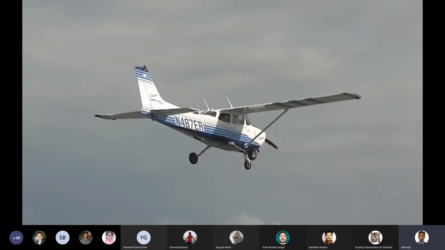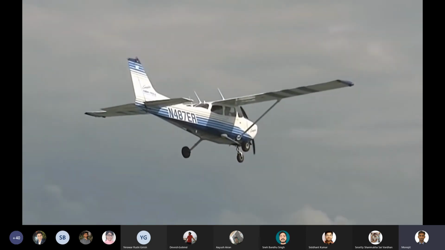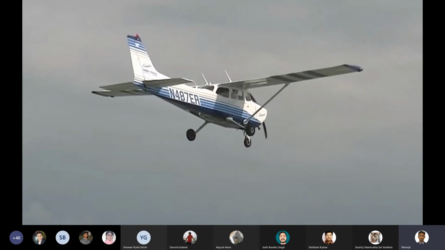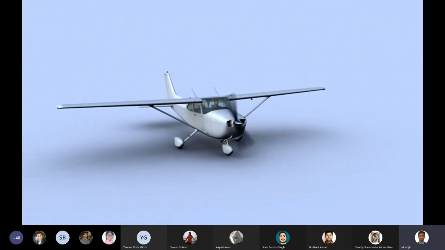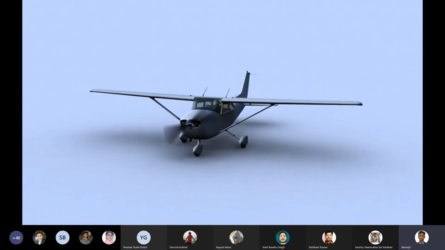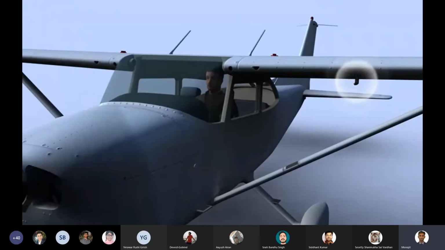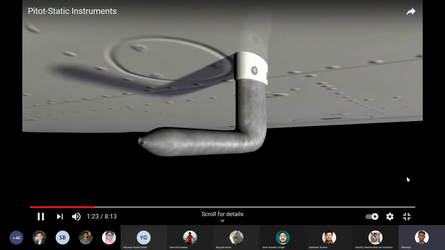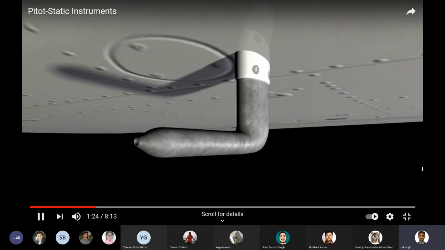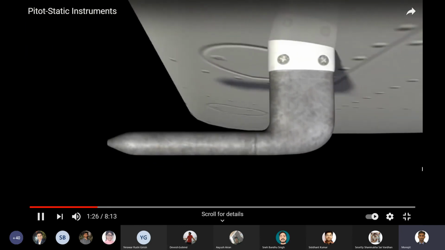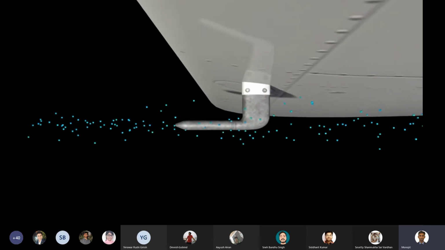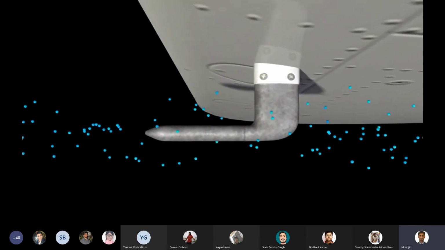So, because the pressure of the atmosphere decreases the higher up we go, our pitot-static instruments are able to measure that pressure and calculate our altitude and speed. The pitot-static system gathers its pressure information from two sources, the pitot tube and the static ports, hence the name pitot-static. The pitot tube is designed to measure the pressure of the air as the airplane flies through it. In most smaller aircraft, this tube is located under the wing so it can measure the flow of air without any interference.